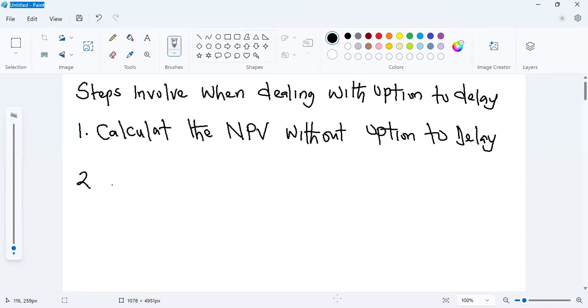Step 2. Calculate the value of call option.